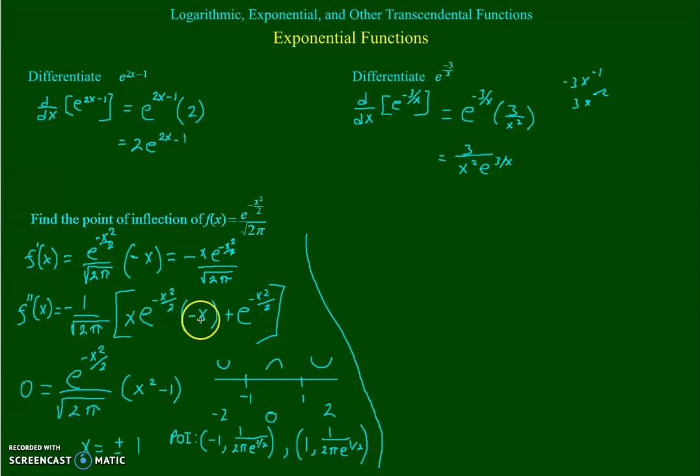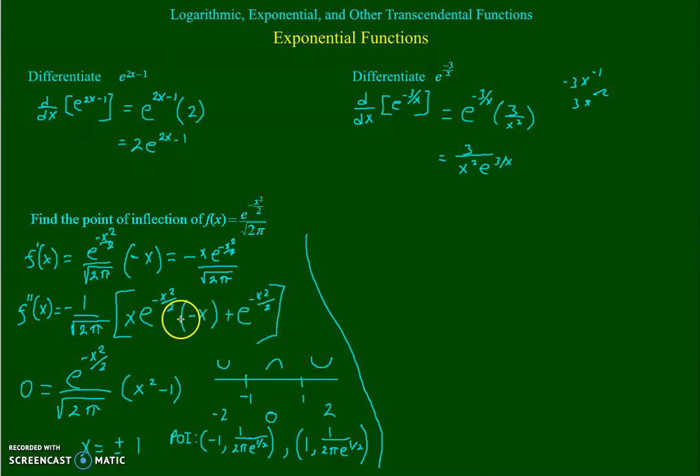So u dv plus v, which is the original piece here, this e to the negative x squared over 2, times the derivative of x, which is just 1. u dv plus v du, just 1 over here.